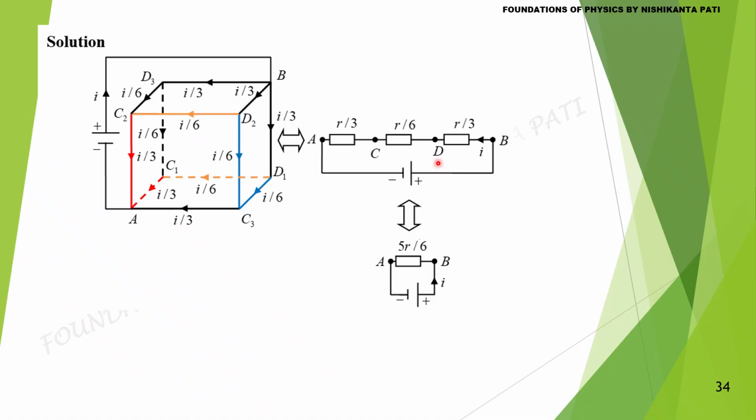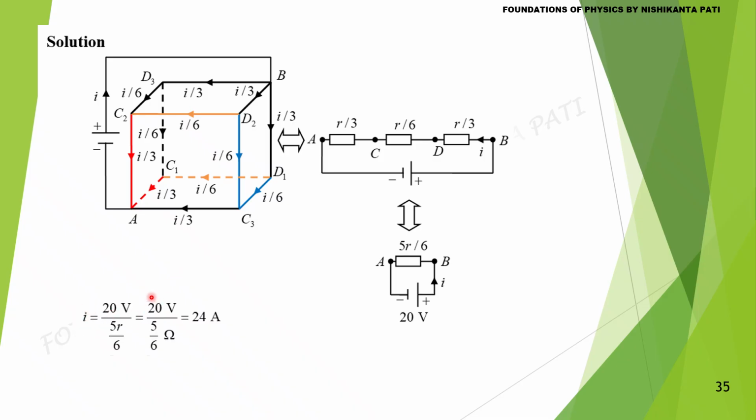Since current I is flowing D2C, so D2C I by 6, each. Current flowing B to D is I, so B2D I by 3, each.